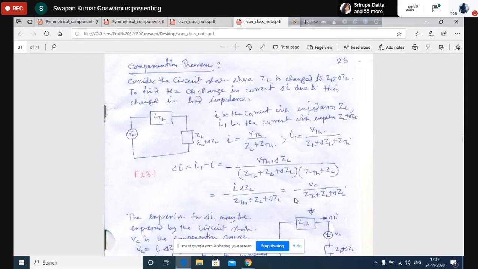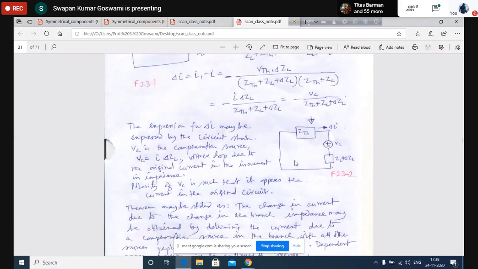Now for this expression, delta I equal to minus VC by (Z Thevenin plus ZL plus delta ZL), we can draw a circuit to represent this equation. We shall be drawing a circuit where this will be the current flowing, this will be the impedance, and this is the source. This circuit will be like this.